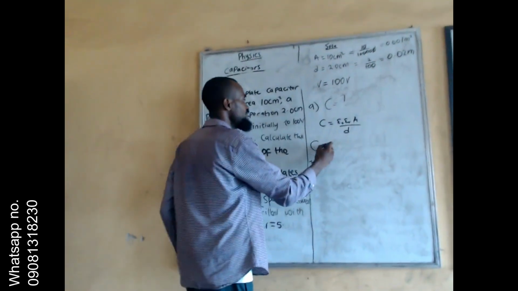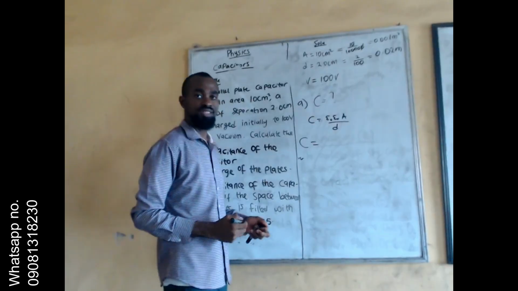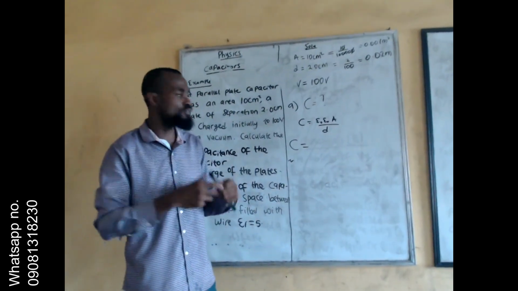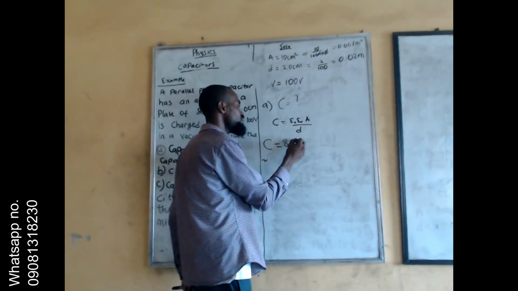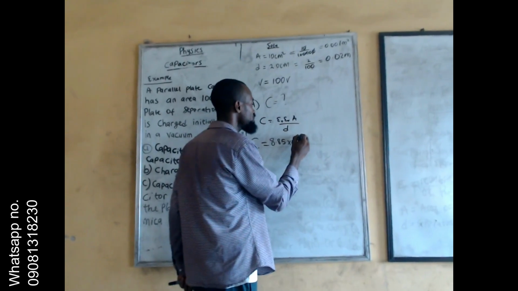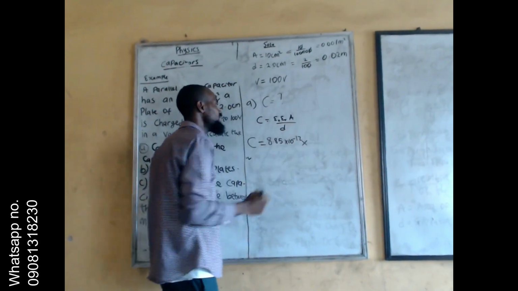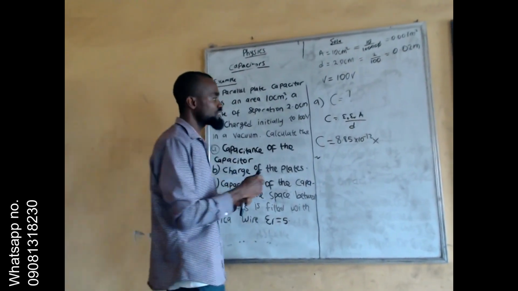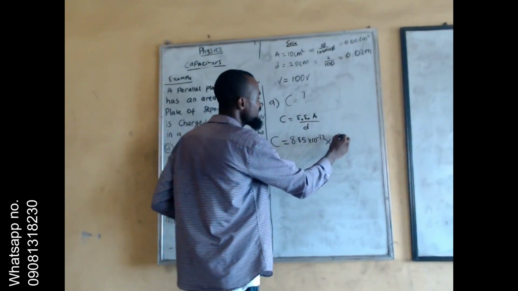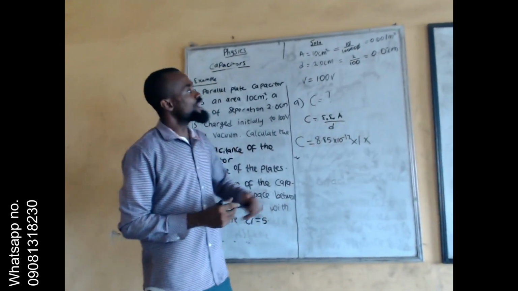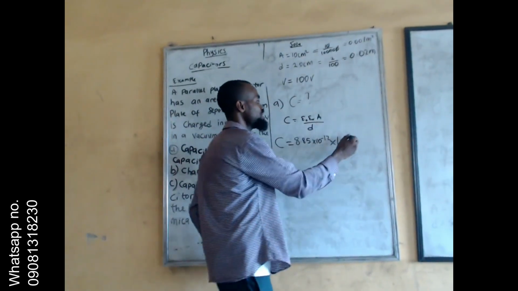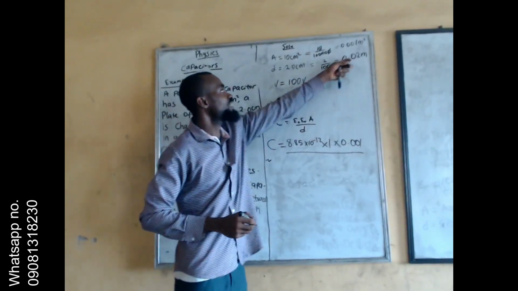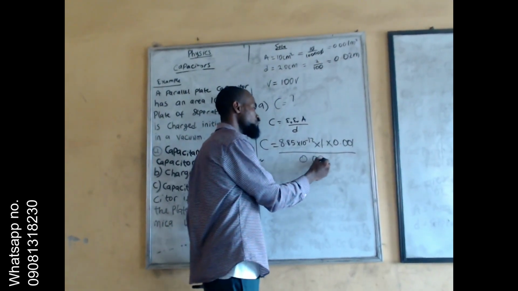Now C equals epsilon naught, the constant permittivity of a vacuum, 8.85 times 10 raised to the power minus 12, times the relative permittivity, which for free space, just empty space, is taken as 1, times the area, 0.001, over the distance, 0.02.